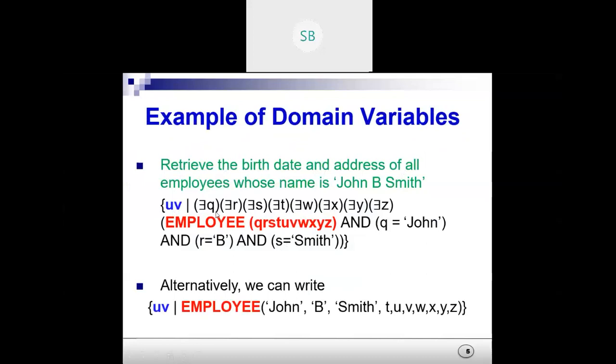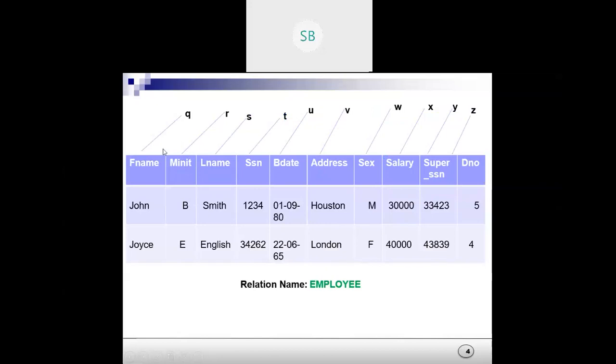Then, we studied quantifiers yesterday. Here, exists is the existential quantifier; informally you can also say there exists. So we are using all the other variables present here: there exists Q, R, S, T, W, X, Y, Z. Just going through these variables, you can find out which variables you are referring to.